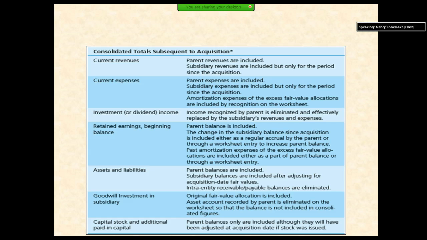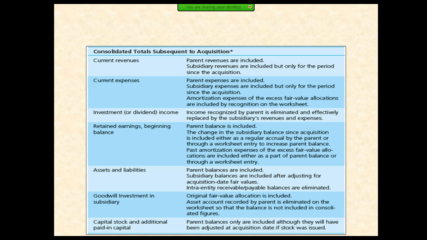When we're talking about the retained earnings balance, the parent balance is always included, but the subsidiary balance since acquisition gets included either as a regular accrual by the parent through the worksheet that increases the parent balance, and along with that, any prior amortization expenses of the fair value over book need to be shown either on the parent balance or through a worksheet entry to make it match.